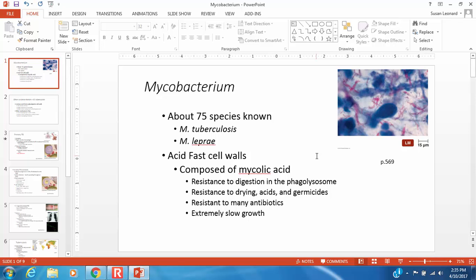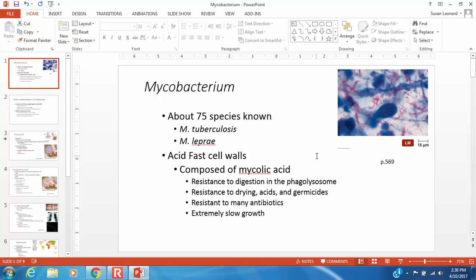All right, but those acid-fast cell walls do confer some advantages to the organism, makes them very resistant to digestion within a phagolysosome. So say a macrophage phagocytizes them. They have a good chance of survival within that macrophage.